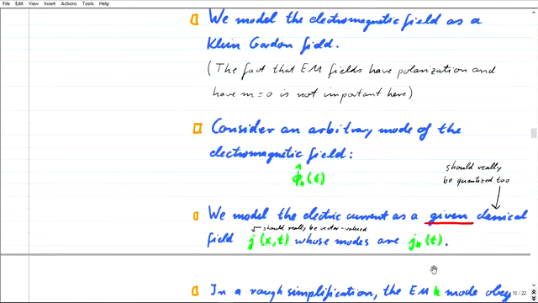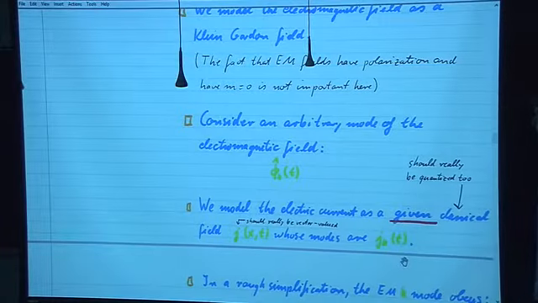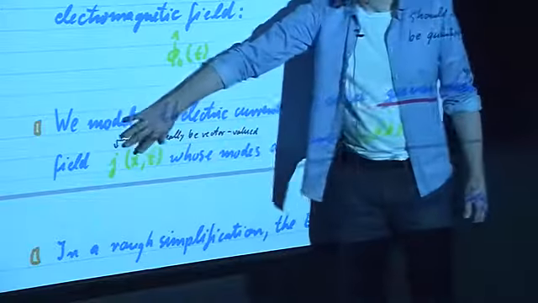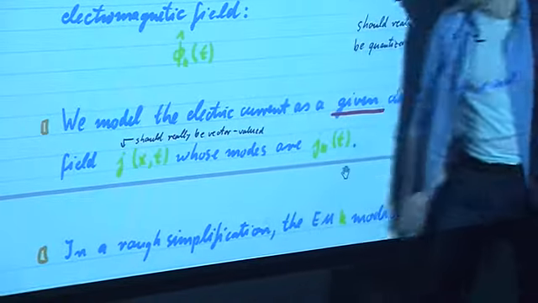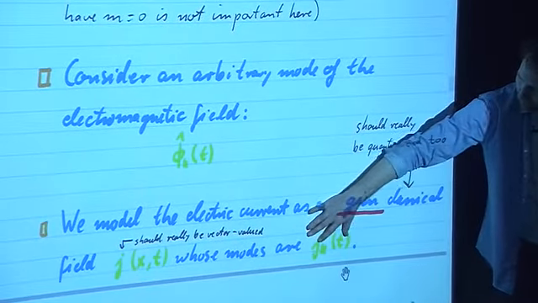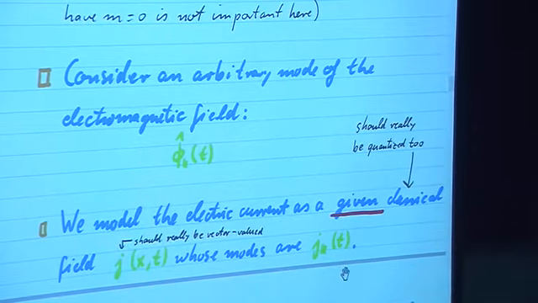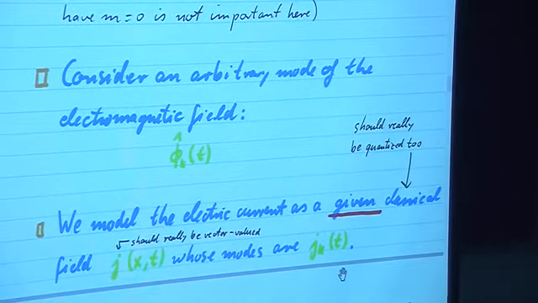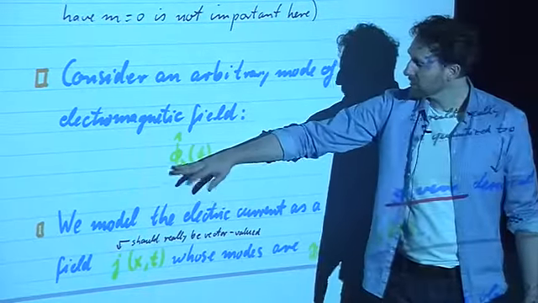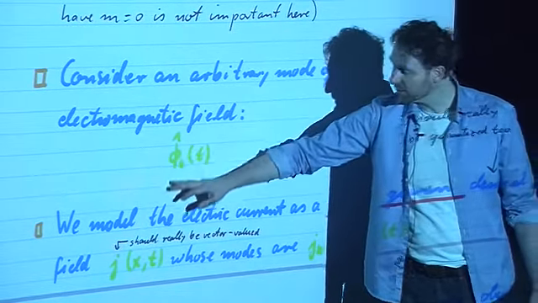Now we model the electric current as a given classical field J of x and t, and the electrical current can also be Fourier transformed, and so we obtain a decomposition of the electrical current into j k of t. I hope you see what picture I'm developing here. This is going to have a quantum harmonic oscillator, which will be driven by the current.